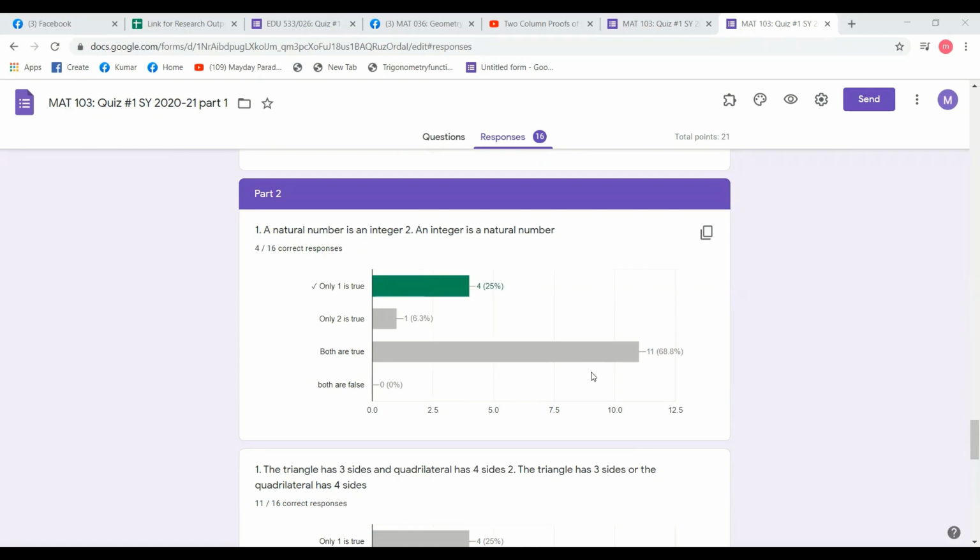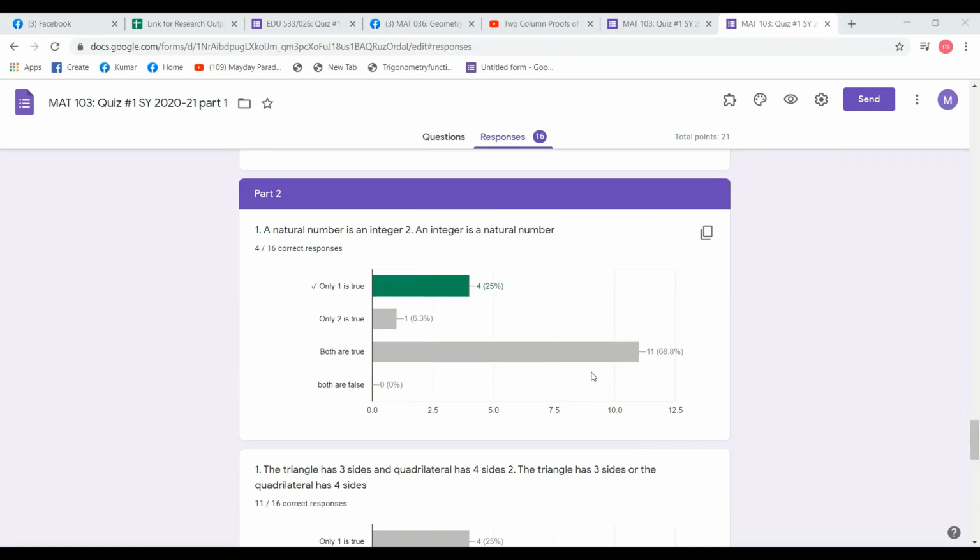So therefore, we could say that a natural number is under integers, but not likewise. So the only statement that is true here is number one. A natural number is an integer.